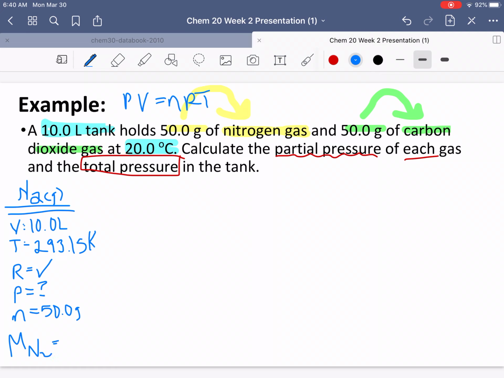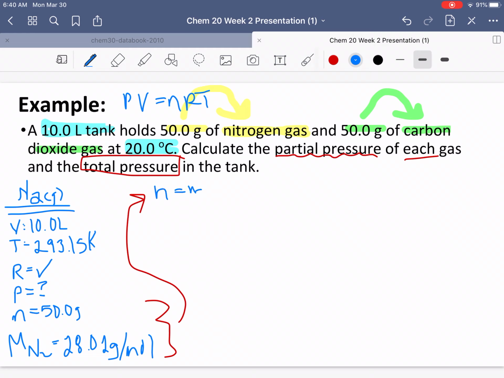Take that 14.01 times 2, we get 28.02 grams per mole. These two things together we can use to figure out what n is. n equals mass over molar mass, 50 grams divided by 28.02 grams per mole.